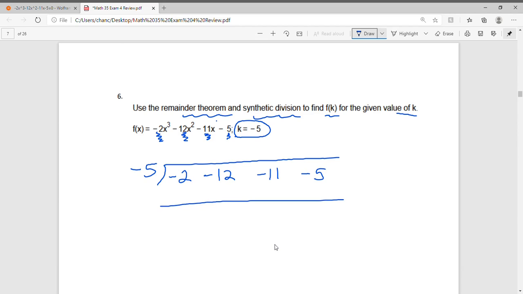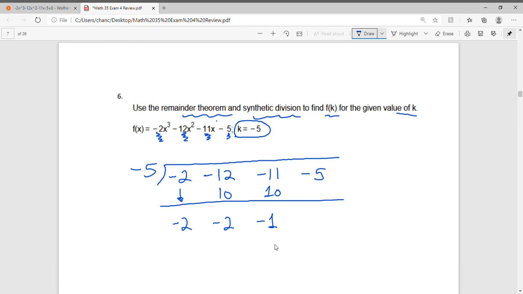The first step is to bring down that negative 2. Negative 5 times negative 2 is positive 10. Negative 12 plus 10 is negative 2. Negative 5 times negative 2 is a positive 10. And when we add these two up, we have a negative 1.